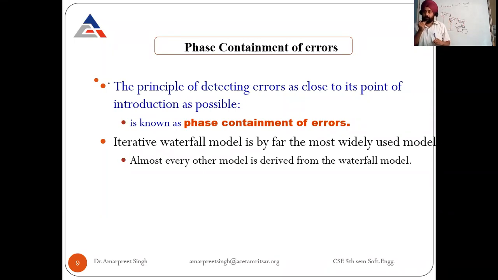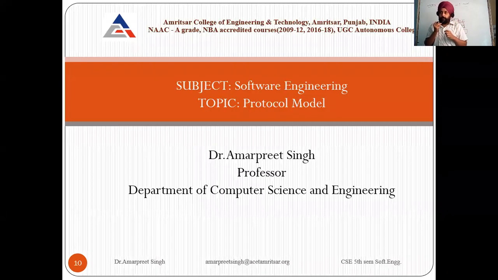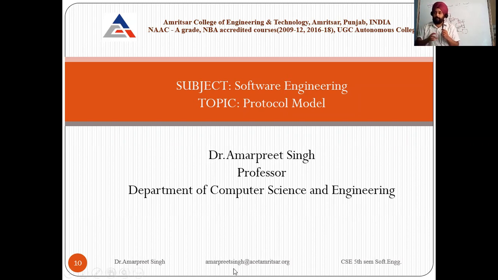The iterative waterfall model is by far the most widely used model. Almost every other model is derived from the waterfall model or the iterative waterfall model. So this was basically about the waterfall model. Before moving to the next model, the prototype model, I will go through a summary of the waterfall model.